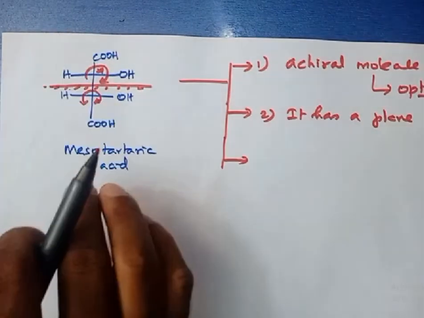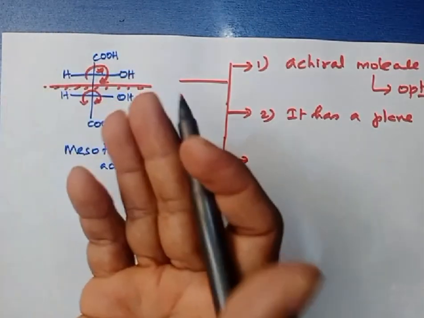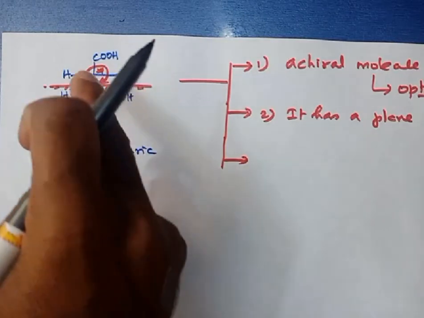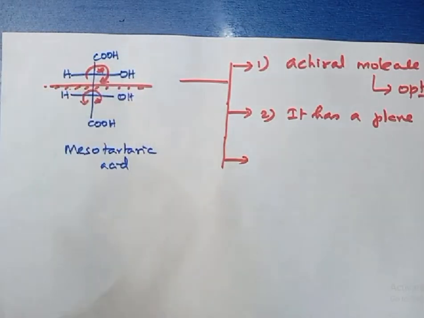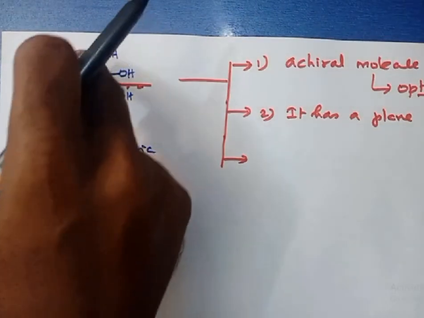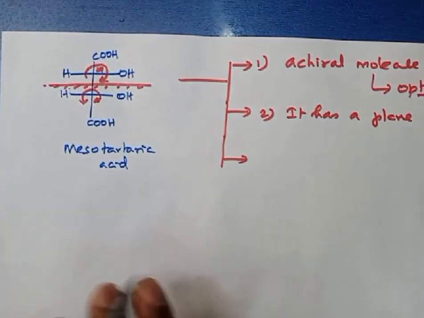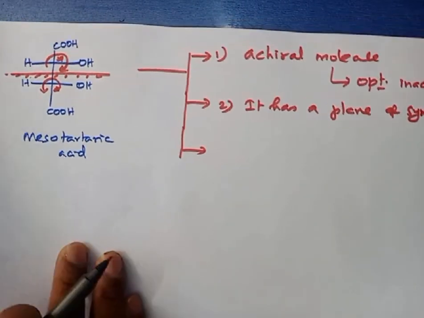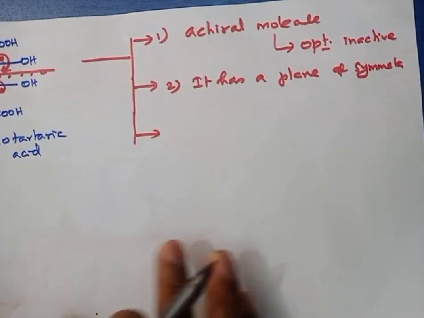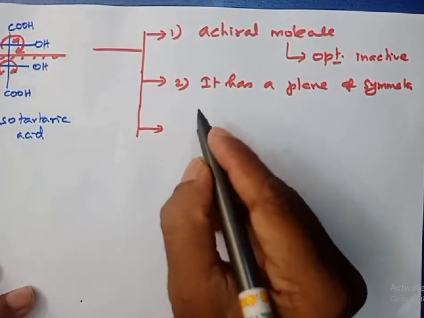It contains two chiral carbons, so it has to rotate. But why is it not rotating? Because one rotation is cancelled by the other, and both these carbon atoms are present within the same molecule. So this type of cancellation is called internal compensation.